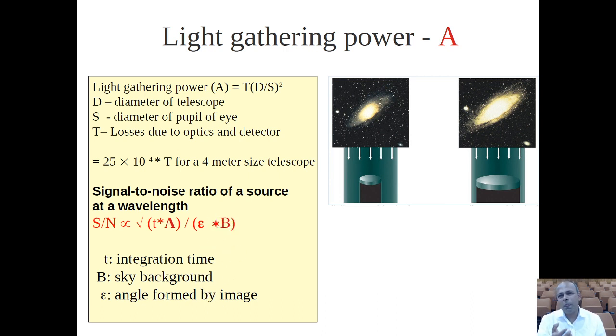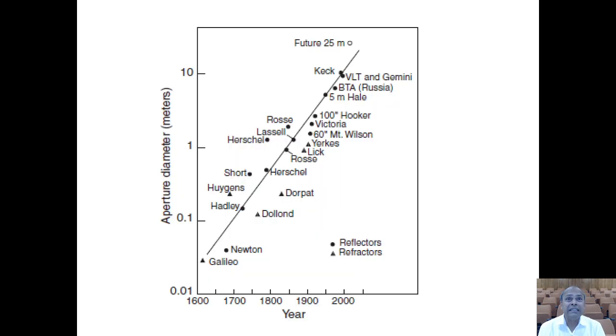A dark sky has very little noise. The sky with the moon has a very high background, so sky brightness is inversely related to the signal to noise ratio. So light gathering power is the most important parameter to increase.